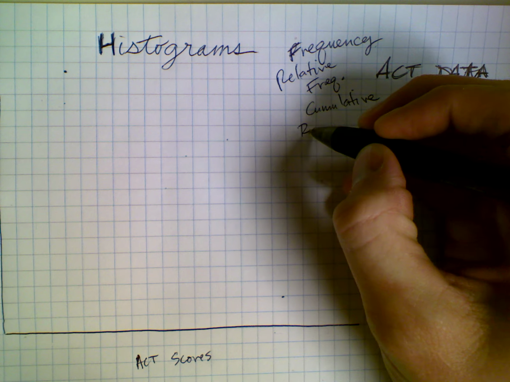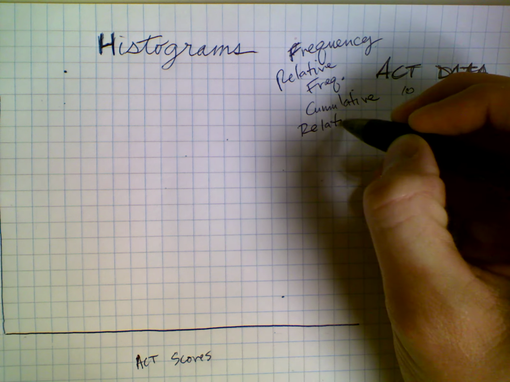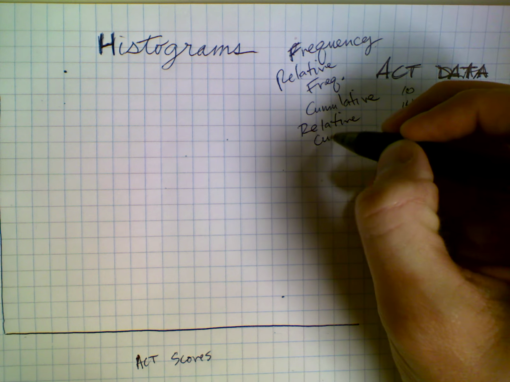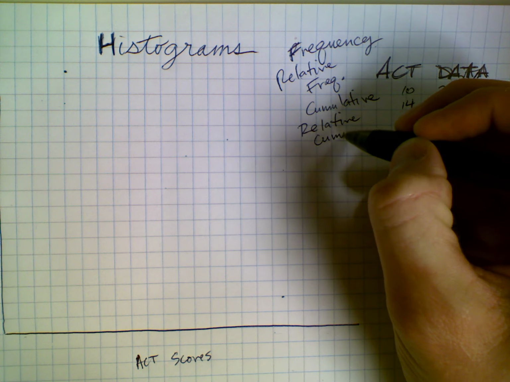And you can have a relative cumulative, which again is based on percentages. So you would go from 0% of the data to 100% of the data over here on the right.